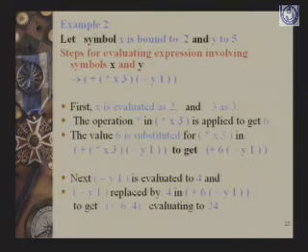Suppose that x has already been bound to 2 and y has been bound to 5. Then what will the inbuilt system do? First of all, in order to apply star to x and 3, it will find the value of x, which is 2, and the value of 3 is 3. Therefore, the multiplication operation is applied to two numbers, 2 and 3, the result of which will be 6.